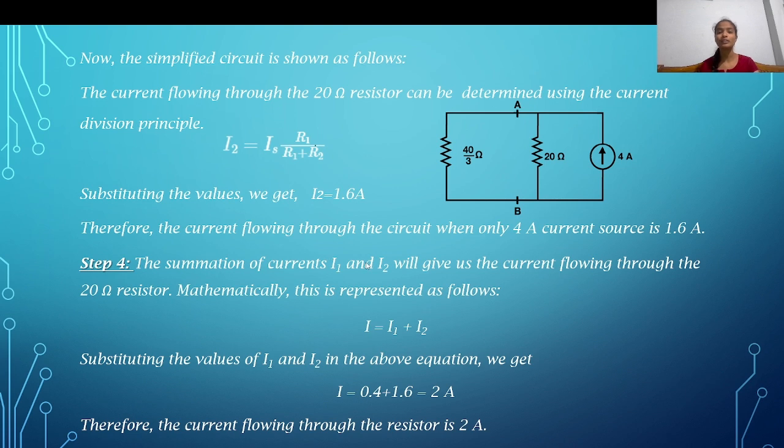So the current flowing through the circuit when only the 4 ampere current source is considered is 1.6 amperes. The summation of these gives the current flowing through the 20 ohm resistor. By using this theorem, the current through the 20 ohm resistor is 0.4 plus 1.6, which is equal to 2 amperes. So finally, this is the final answer.